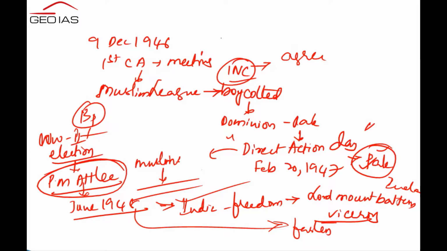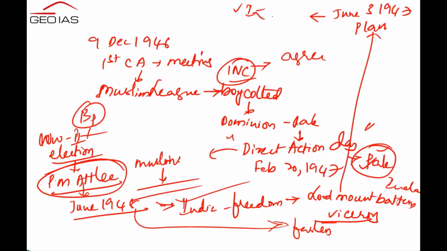So on June 3rd 1947, Mountbatten gave his own plan, called the Mountbatten Plan. He agreed that India would be divided into two dominions, India and Pakistan, and two constituent assemblies would form their own constitutions.